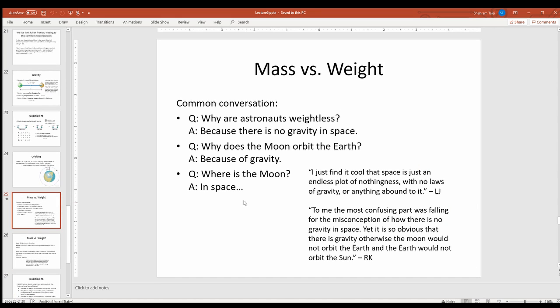One important point: mass and weight are different. It's very important to keep this in mind. Mass is the amount of matter we have in an object. Weight is the force acting on this object. So you can get rid of weight.